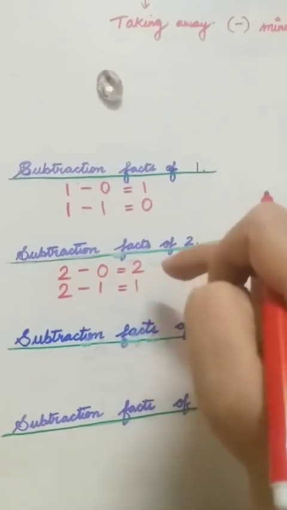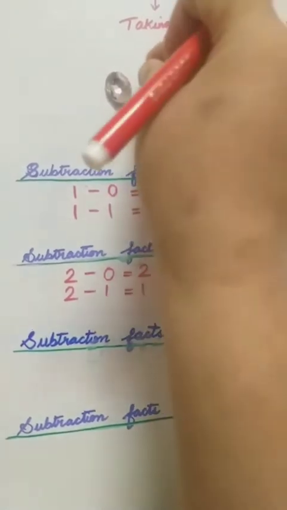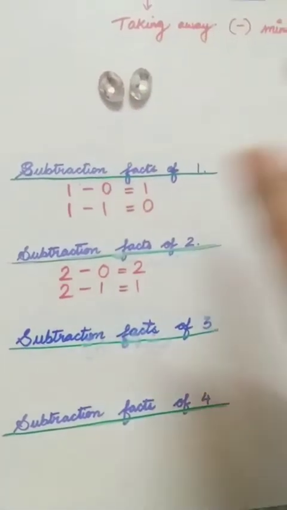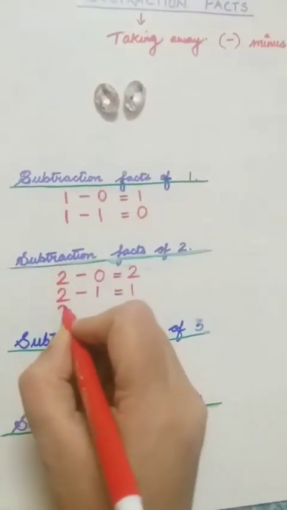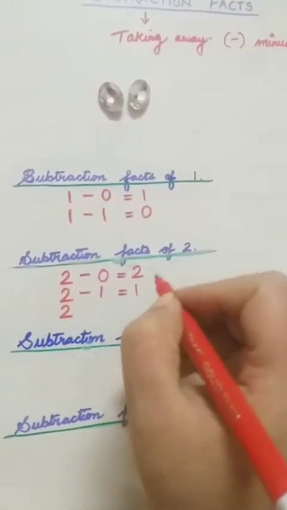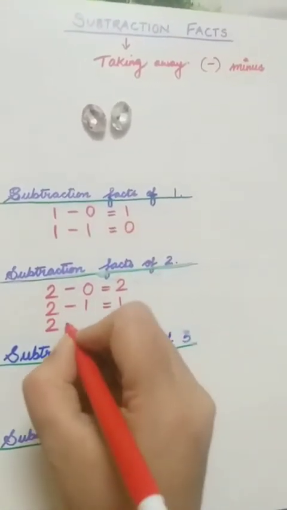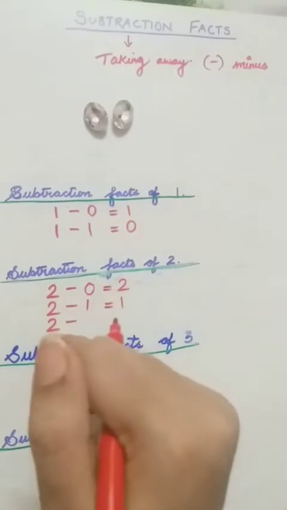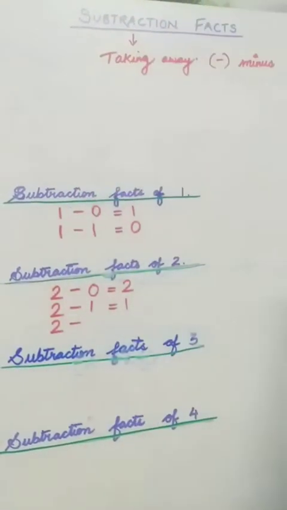Now let's move on to the third subtraction fact of 2. So again we need 2 buttons. We have 2 buttons over here. So our first number will be 2. What is the sign of subtraction? Minus. From these 2 we have taken away 2.